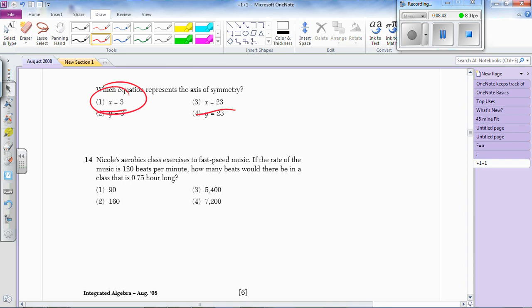Nicole's aerobic class has fast-paced music. The rate of the music is 120 beats per minute. How many beats would it be in that class that is 0.75 hours long? Well, that's a hard one. 0.75 hours is really 3/4 of an hour, which is 45 minutes.